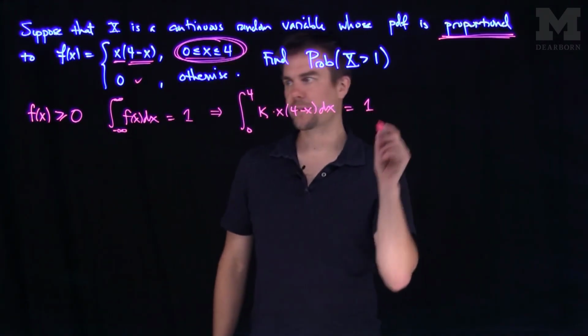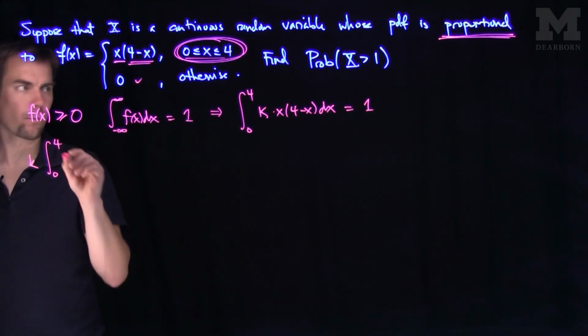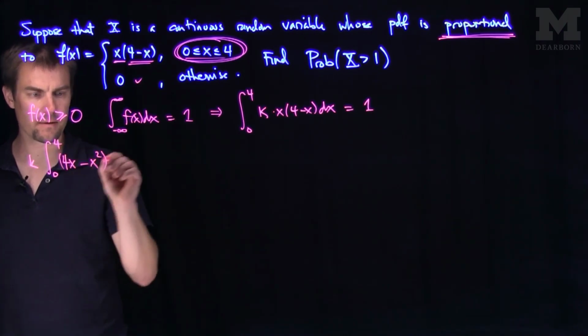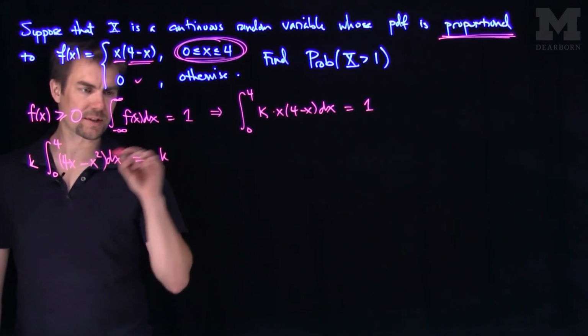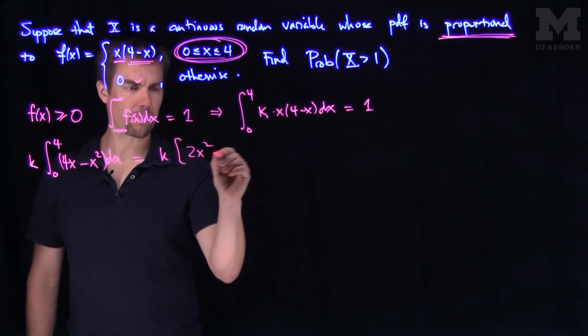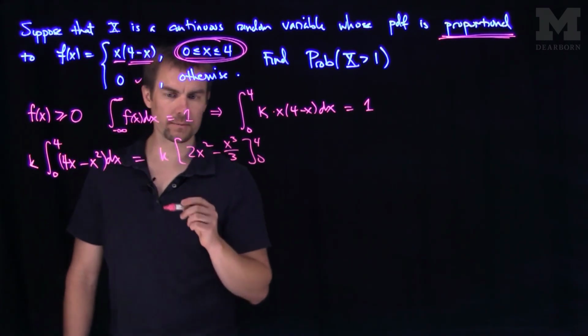Now, I can pull that factor of k out. So this will be k times the integral from 0 to 4 of 4x minus x squared dx, which is k times 2x squared minus x cubed over 3 from 0 to 4.